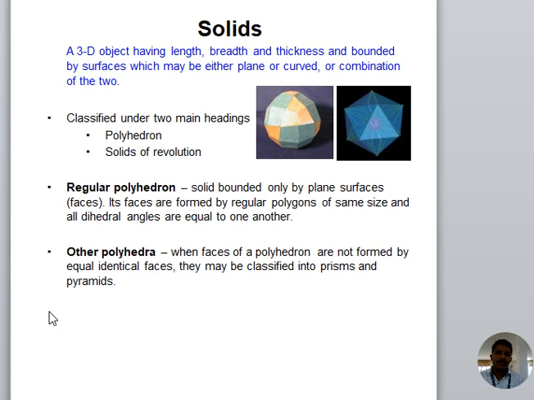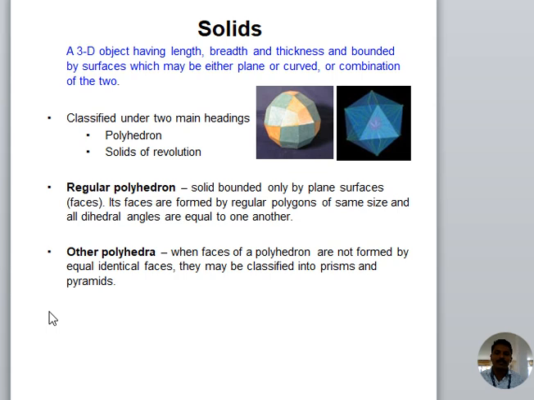Let us know more about the classifications of the solids. The solids are classified into two types: the right solid and the oblique solid. What is meant by the right solid and the oblique solid?